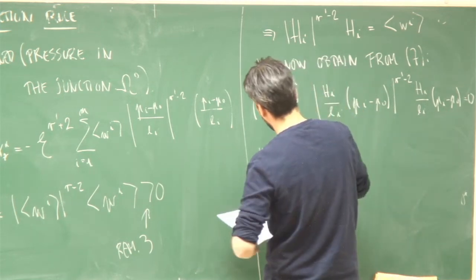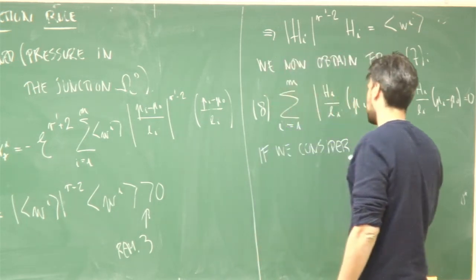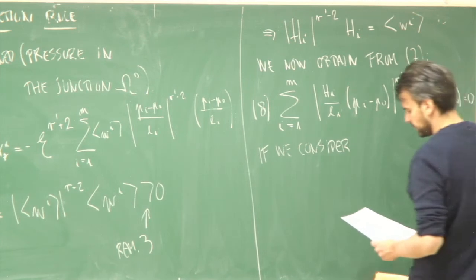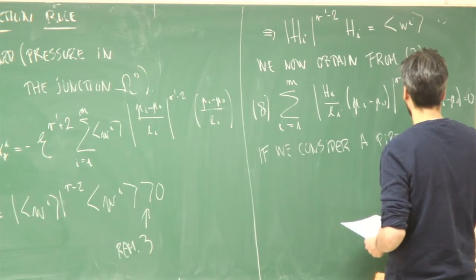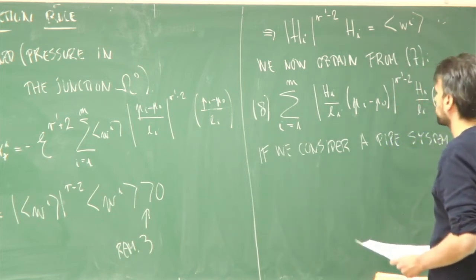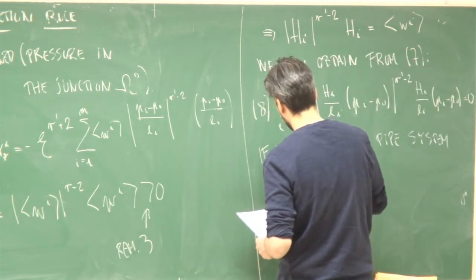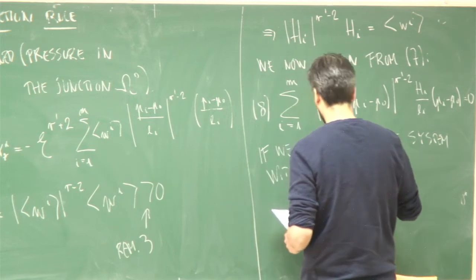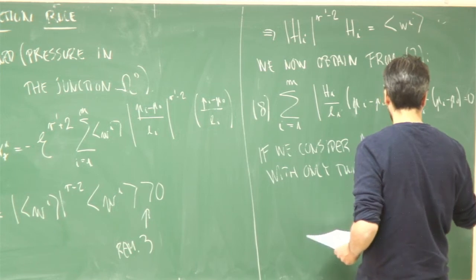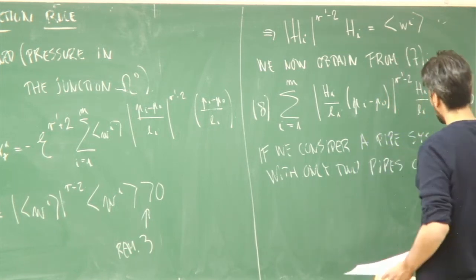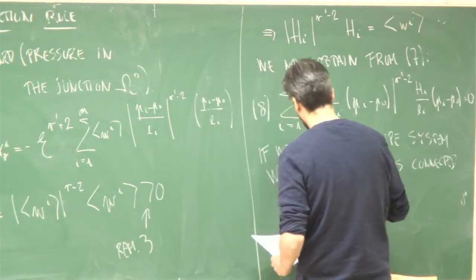Now, you always want to look at the case where you can compute something explicitly, so let's see if we can. So we consider a pipe system where m is equal to 2. So we have 2 pipes, so with only 2 pipes connected at the junction.